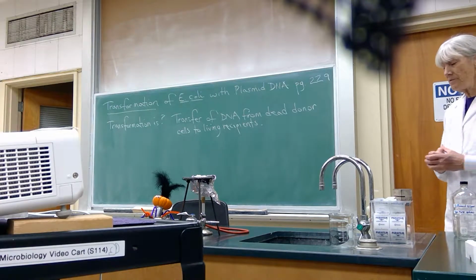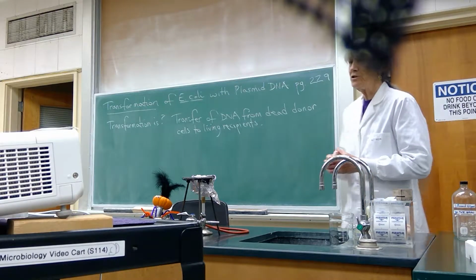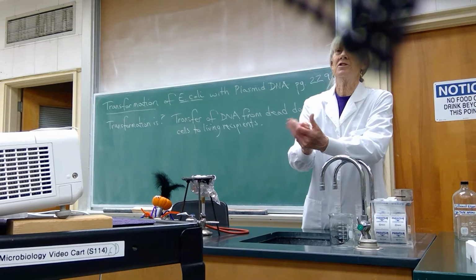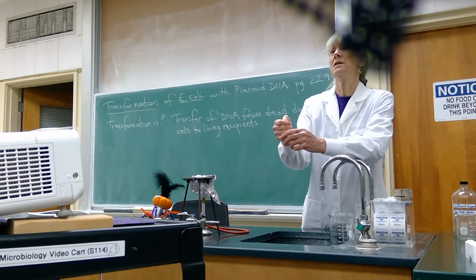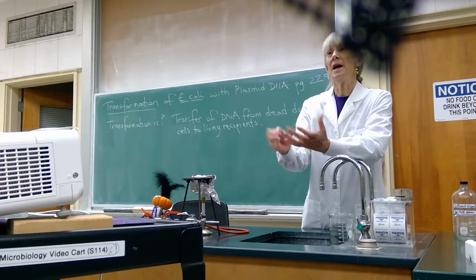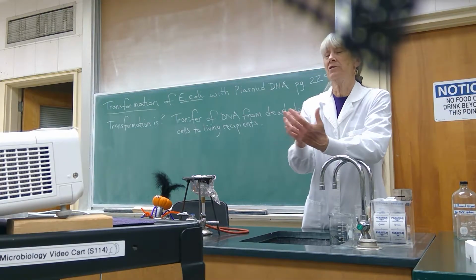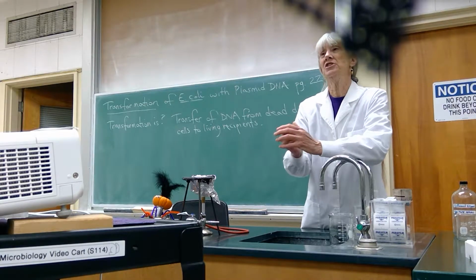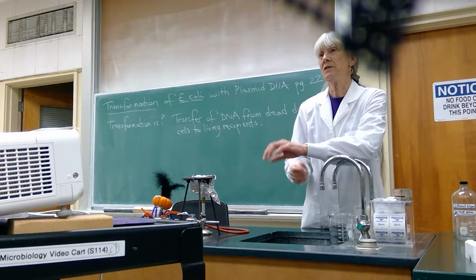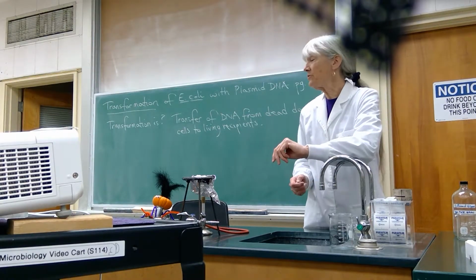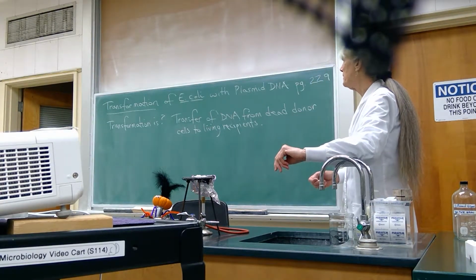He found that if he injected mice with two types of Streptococcus that would not normally cause disease, dead capsule-forming strep and live non-capsule-forming strep, the live cells picked up the genes encoding capsule formation, and the mice died of pneumonia. So that transfer of DNA was discovered that way.